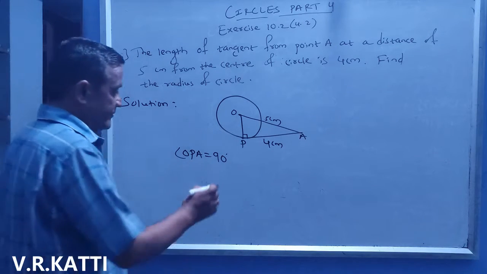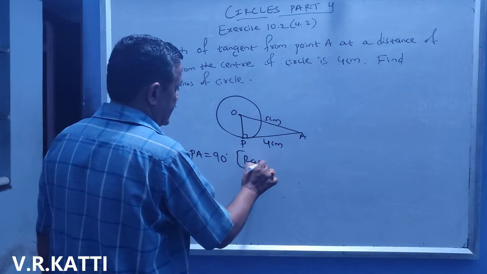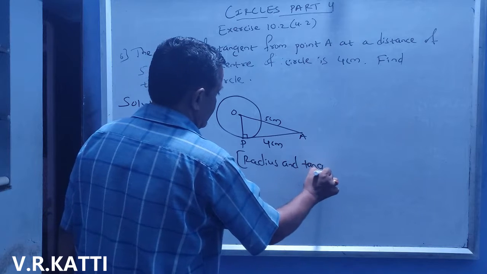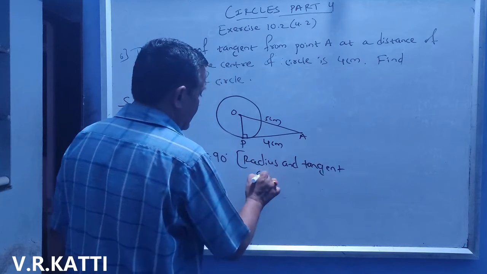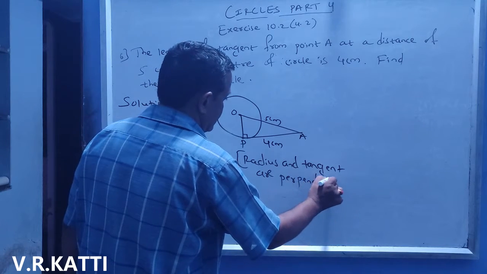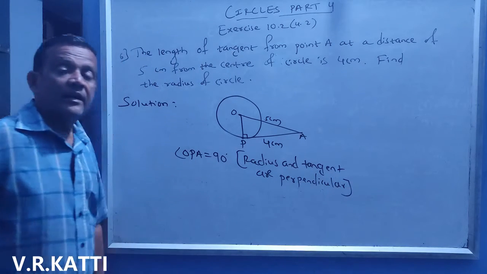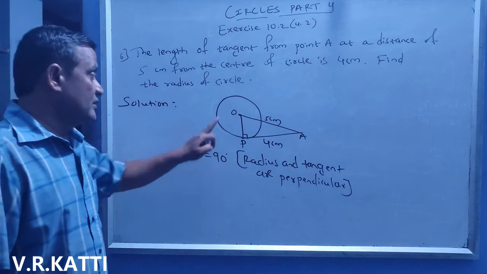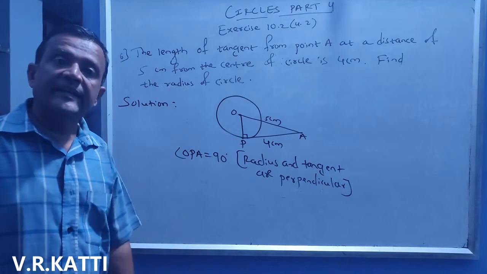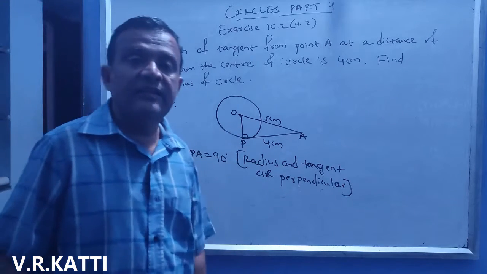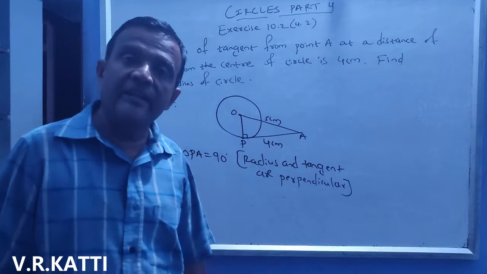The reason is that the radius and the tangent are perpendicular. So angle OPA is 90 degrees. Now apply the Pythagoras theorem.